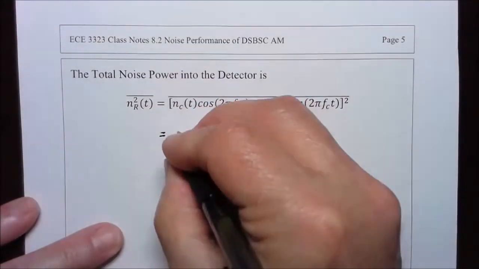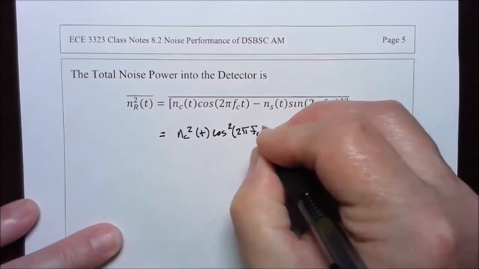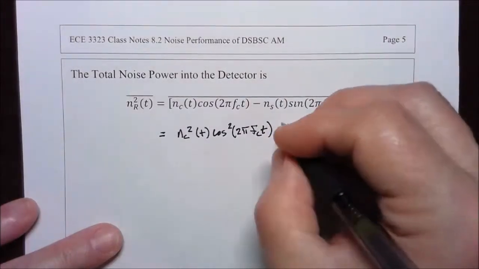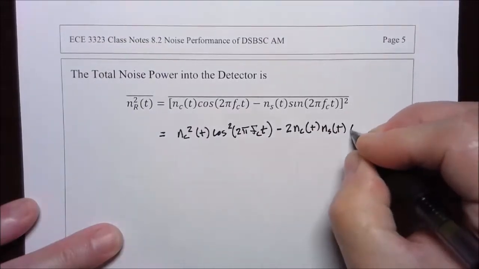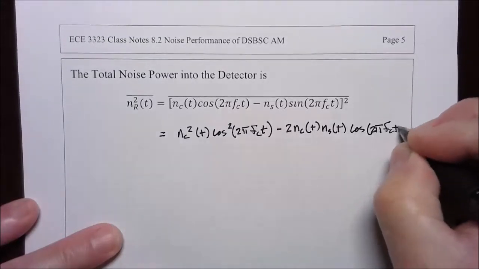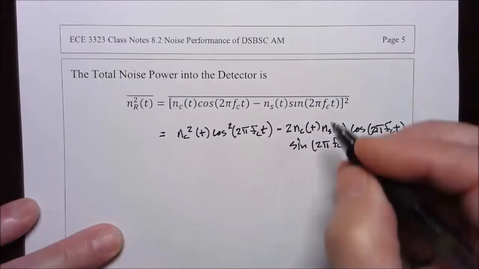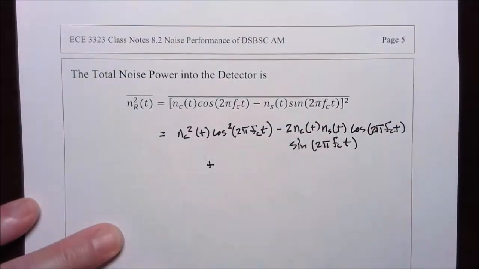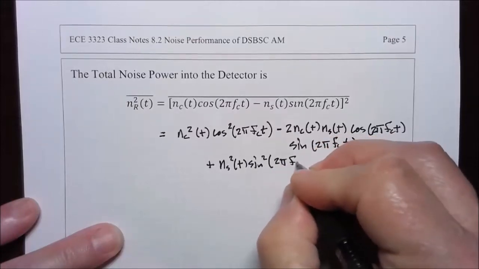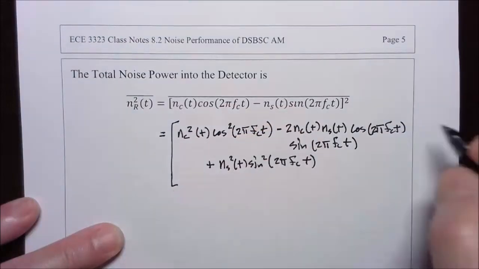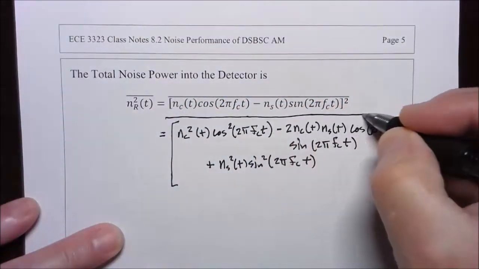We've got an N_c squared of t cosine squared 2 pi f_c t term, and then we've got a cross term which would be minus 2 N_c of t times N_s of t times cosine 2 pi f_c t times the sine of 2 pi f_c t. That's the cross term. And then finally plus the final term N_s squared of t times the sine squared of 2 pi f_c t. Okay, so we've got these three terms from squaring the noise, and then we're going to take a time average of all of that.